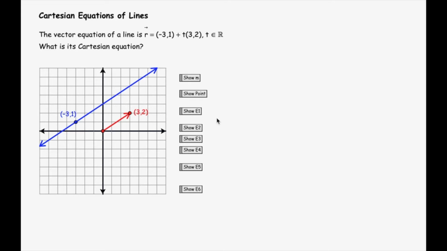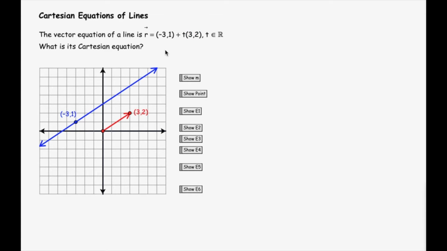So we'll start with, we did learn in the previous lesson that for the vector equation of a line, we need a point, we need a direction vector. There's the point vector, here's the direction vector. The parameter t now will trace out all points of the line, and we do need to include that t is all real numbers. Now, what's the Cartesian equation? So the first thing you're going to have to do is tell me what the slope is. Based on this particular direction vector, this is the x component, that's the y component.